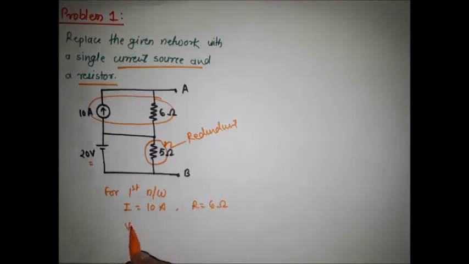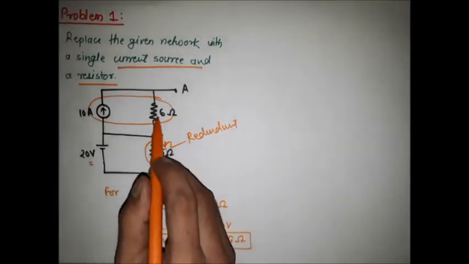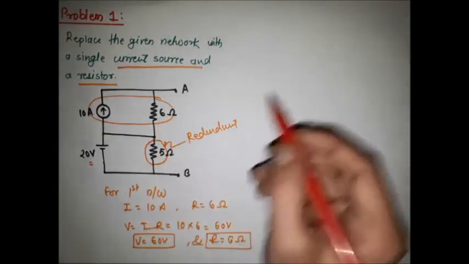So by Ohm's law, V is equal to IR, which is 10 times 6, equal to 60 volt. So the voltage is 60 volt and the resistance is 6 ohm. We are not changing the resistance, we keep it as it is. That means the final network will be like this.